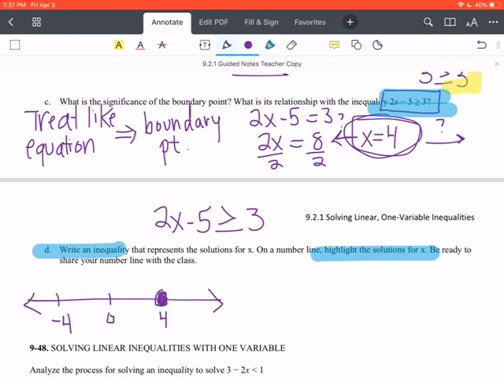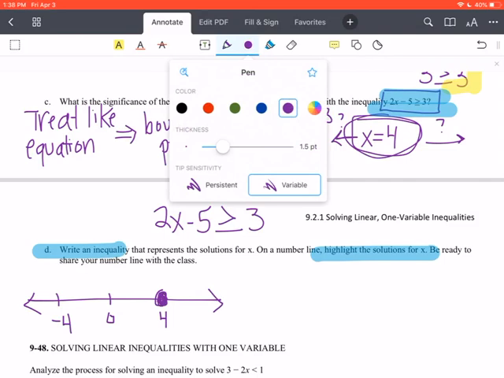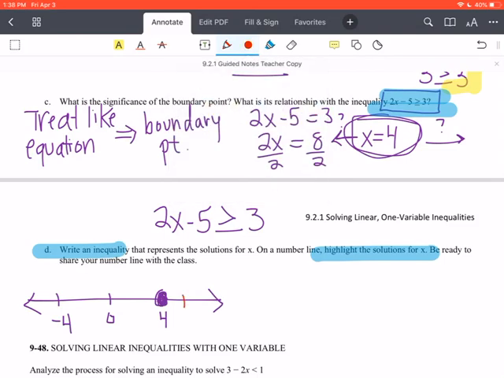Now we have to use test points. We want to test numbers that are on opposite sides of the boundary point. So we're going to test 5, and I want to test 0 because 0 is really easy. If one of the two works, that's where we shade.